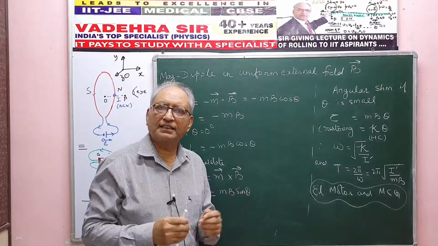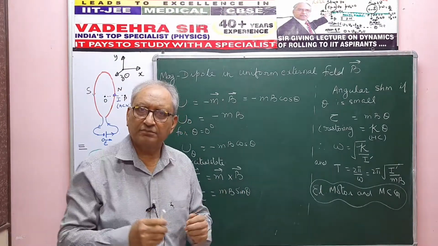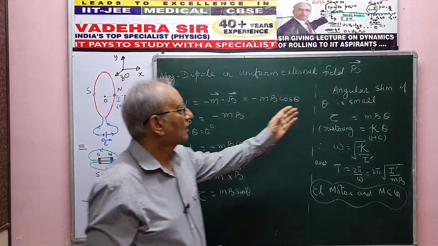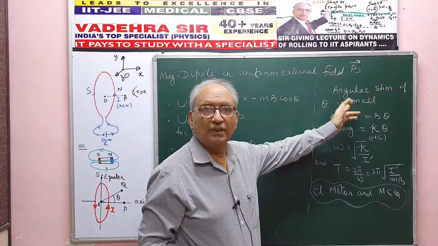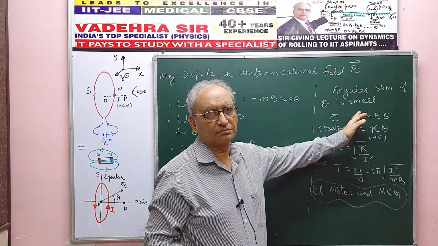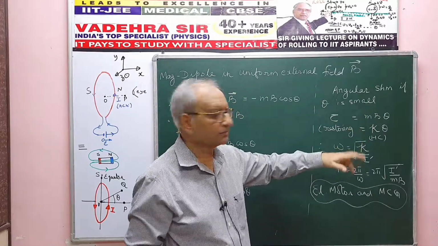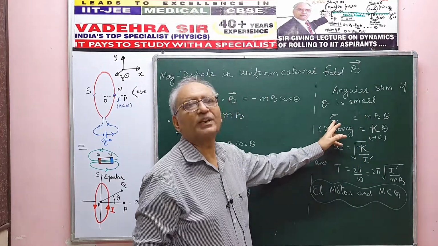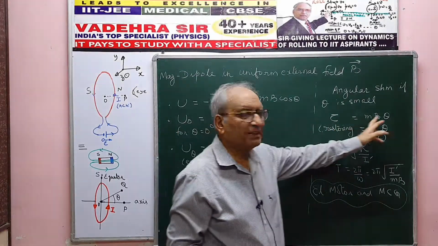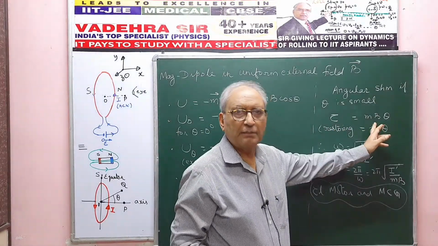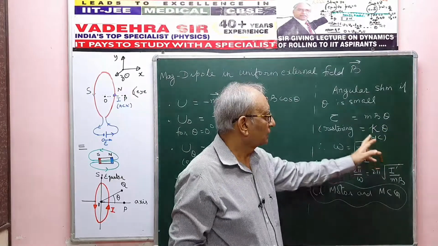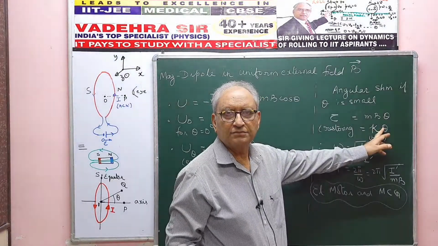Let us investigate if this oscillation is an SHM. It will be SHM only if theta is very small. If theta is very small, then sin theta equals theta in radians, and the restoring torque would be MB theta. M is constant, B is constant, so it's a constant multiplied by theta.